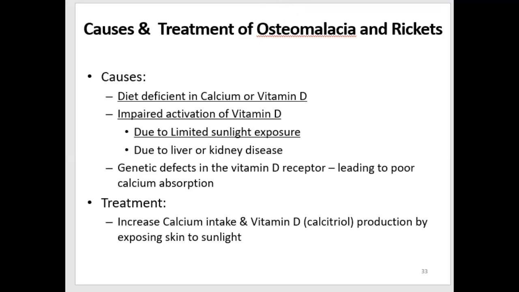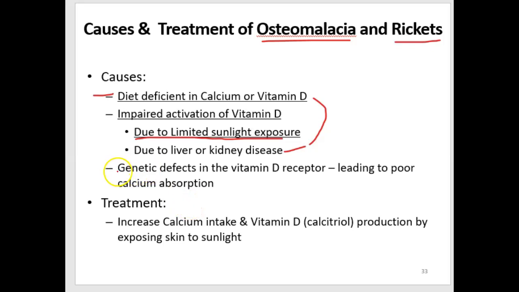So the causes of osteomalacia, which we typically think of as in adults, and rickets, which we think of as in children, is that they have a diet deficient in calcium or vitamin D. It could be due to limited sunlight exposure or liver or kidney disease if you can't make vitamin D.